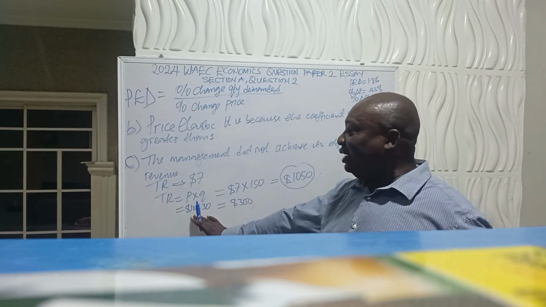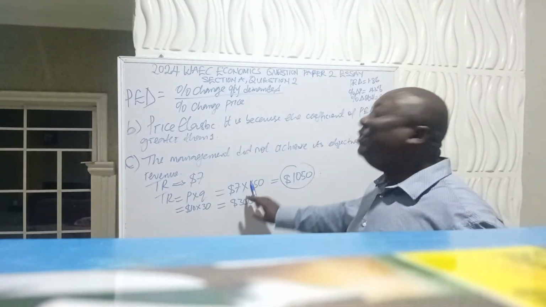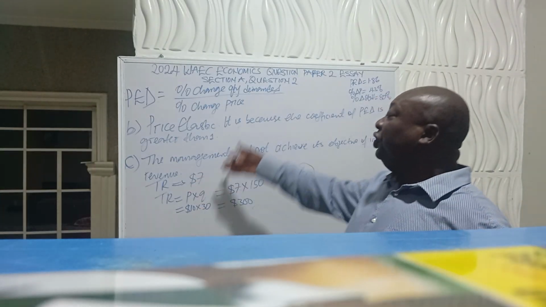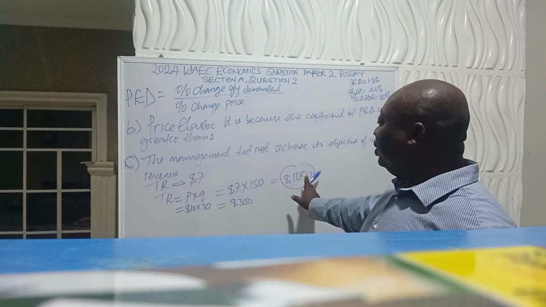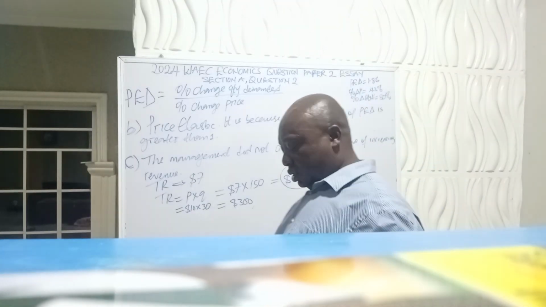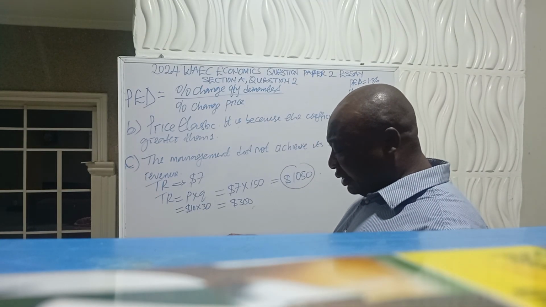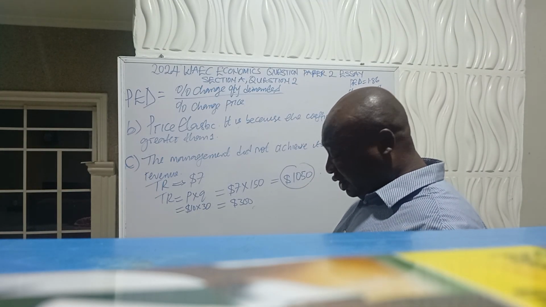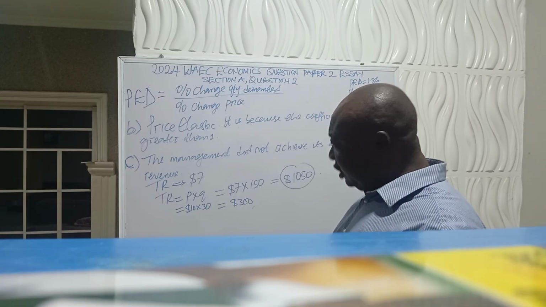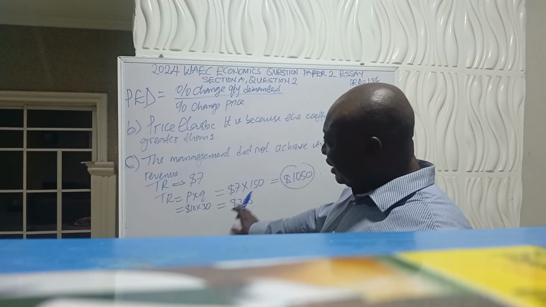When the price was increased to $10, total revenue reduced. So the reason is because the total revenue reduced from this to this. Okay? That is the reason. This is the answer to question C.